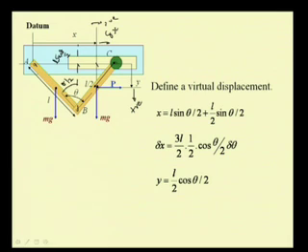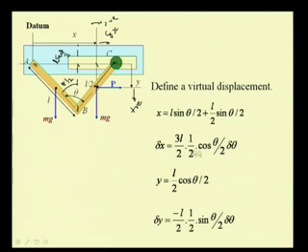So, this distance y is equal to L by 2 cos theta by 2, because this is L by 2 and this angle is theta by 2, and so we have y as L by 2 cos theta by 2, and from this we get this virtual displacement delta y as minus L by 2 times half sin theta by 2 delta theta.